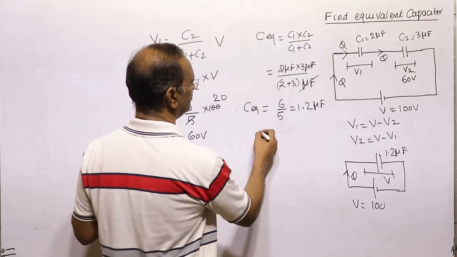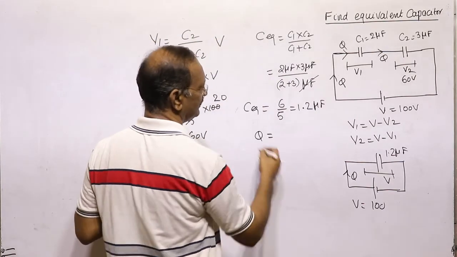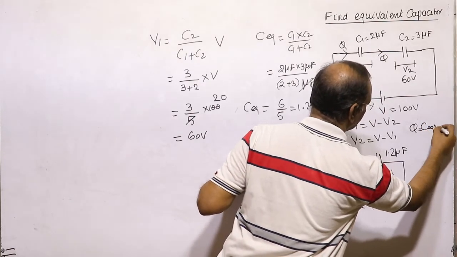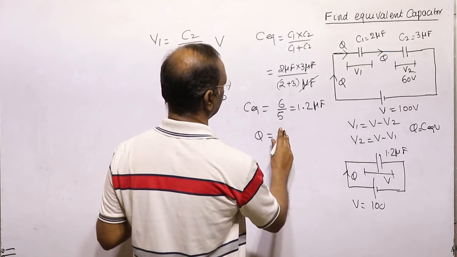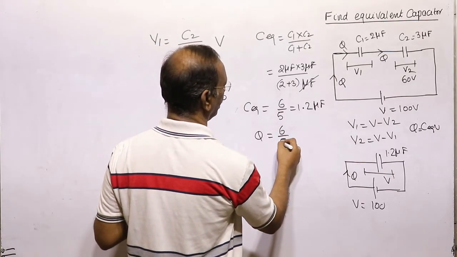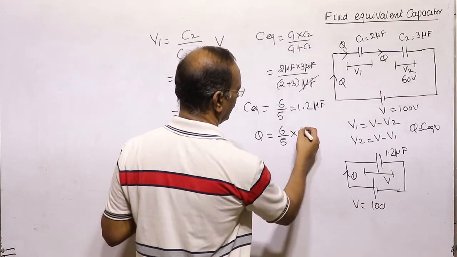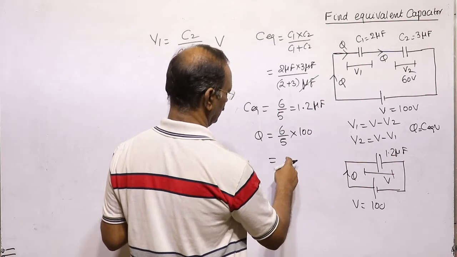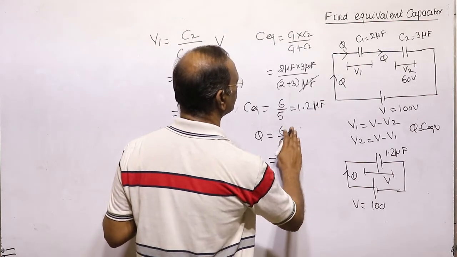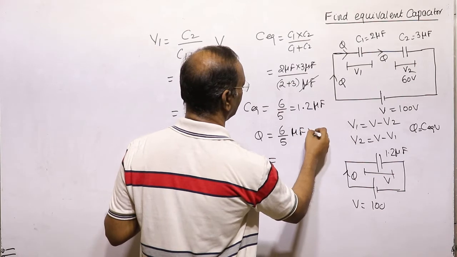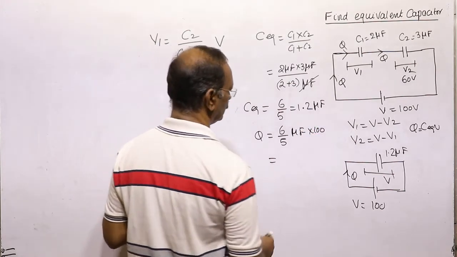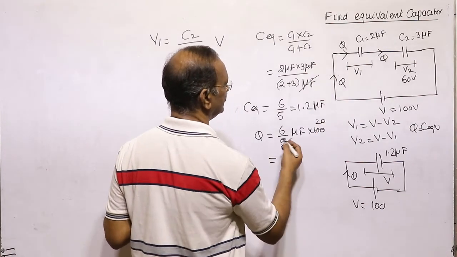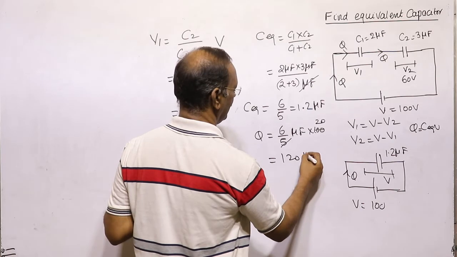What about the charge? Since we know Q is equal to C equivalent into V, and C equivalent is 6 by 5 microfarad into applied voltage of 100, the total charge is 6 by 5 into 100, which is 120 microcoulomb.